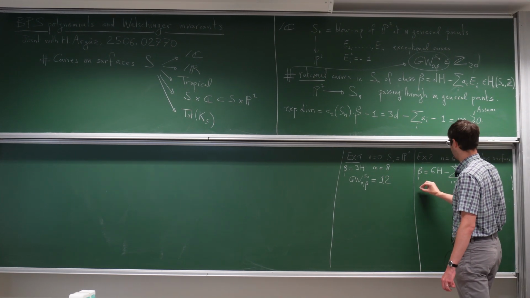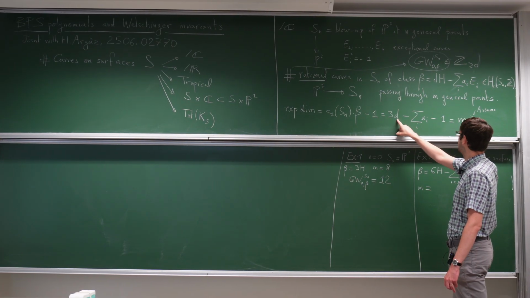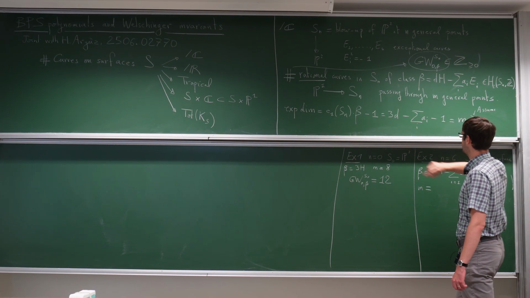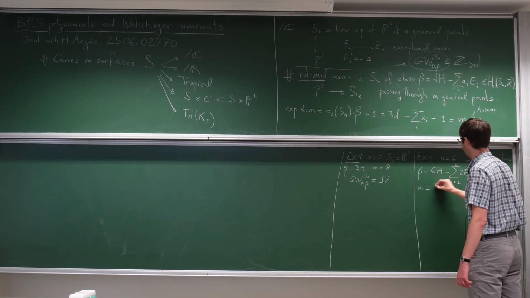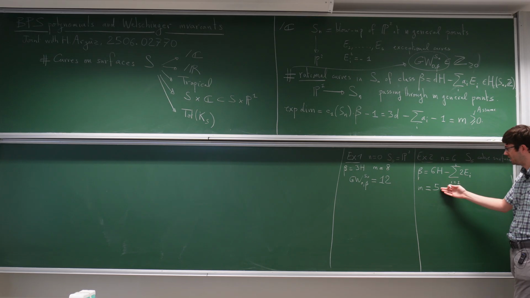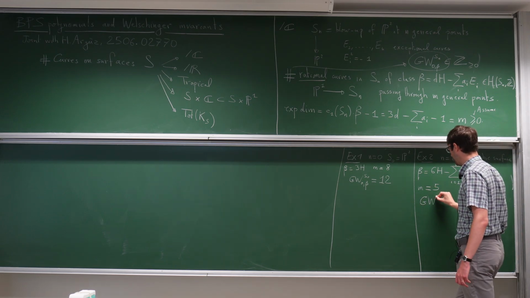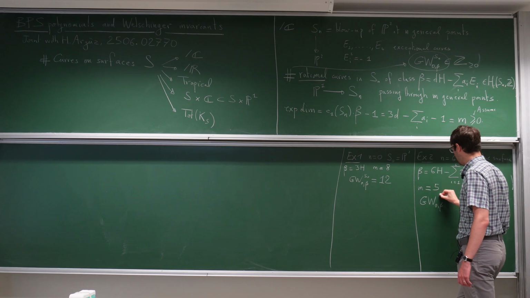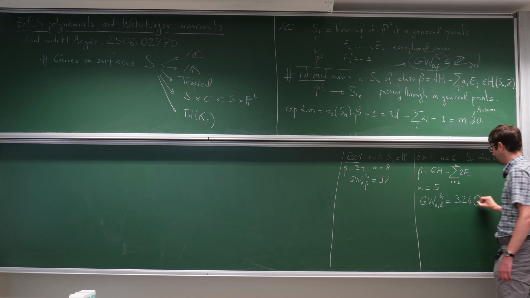And in this case, if you calculate this m, you get 6 times 3, which is 18, minus the sum of these numbers, minus 12, which is 6, minus 1, so you find 5. So you're looking at rational curves in this cubic surface, in this homology class, passing through 5 points in general positions. And these numbers have been calculated by Göttsche–Pandharipande, again at the end of the 90s, and it's 3,240.